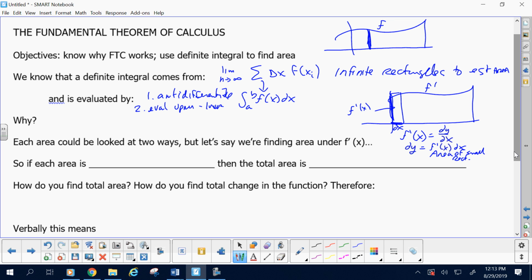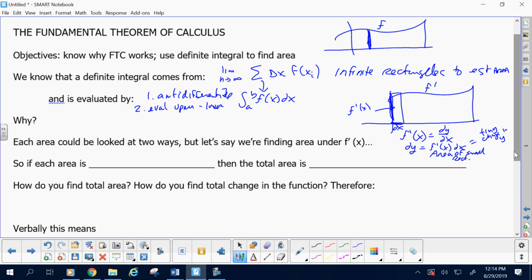All right, cool. Now let's connect that rectangle to something bigger. If I take dy, isn't that a tiny change in y? We can get a tiny change in y by taking the rate of change of y versus x times a small amount of change in x.